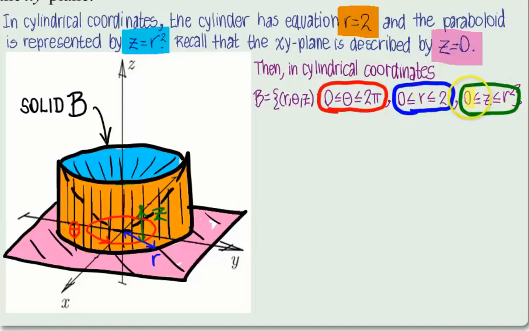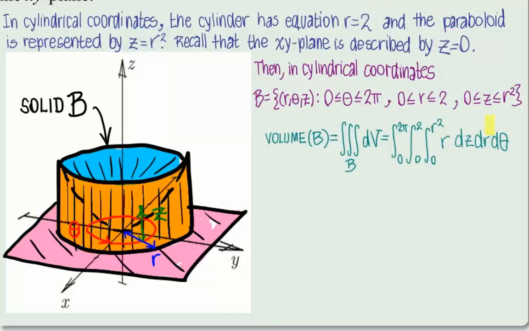And z moves between 0 and r squared, and that's just because z is going to stop once you get to the paraboloid.